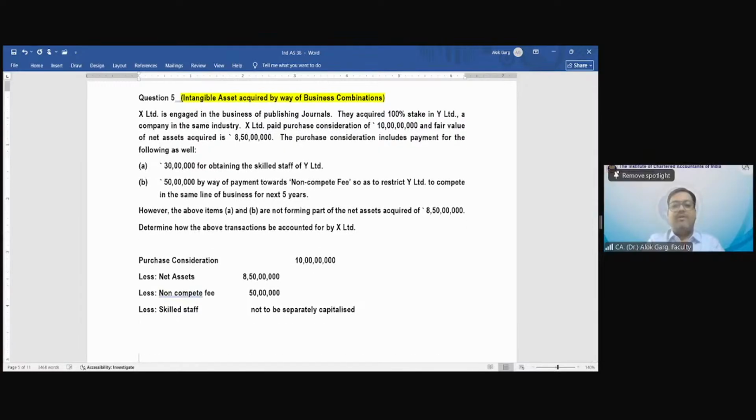So what is the remaining amount? 1 crore. And what is the nomenclature for 1 crore? 1 crore has to be capitalized as what? Goodwill. So goodwill is 1 crore.